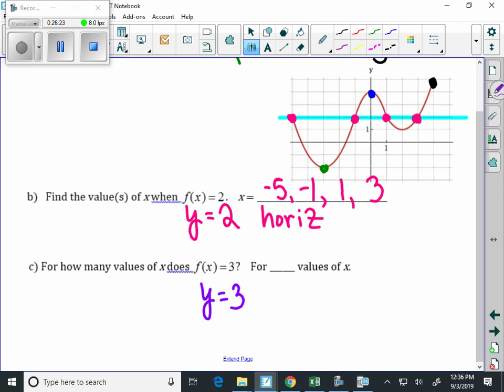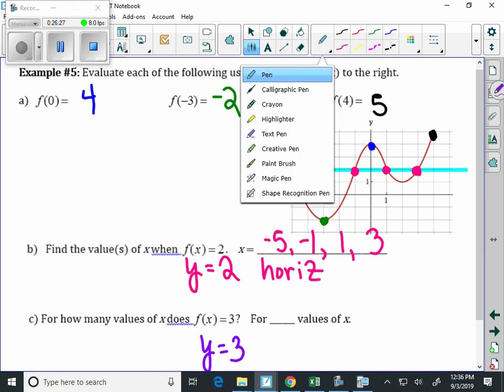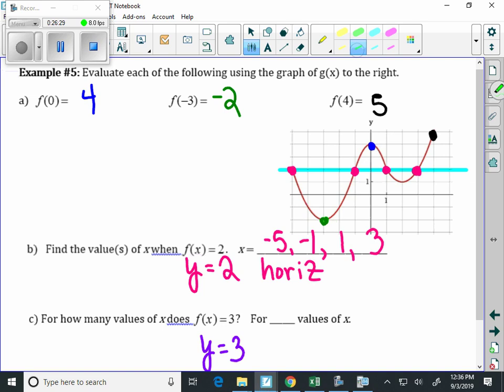So if we go back up here, here's y equals 3. And what we're looking for is how many times. There's once. Here's twice. Here's 3 times. You don't have to tell me what they are in this case. It's just 3 values. 3 different inputs.